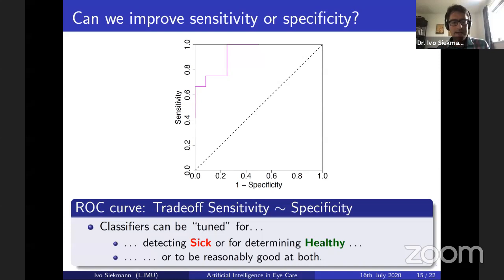So in summary, when we look at sensitivity versus specificity, there is a trade-off between the two, and we can tune our classifiers to be either very good at detecting sick or for determining healthy patients, or we can decide to tune our method to be reasonably good at both.